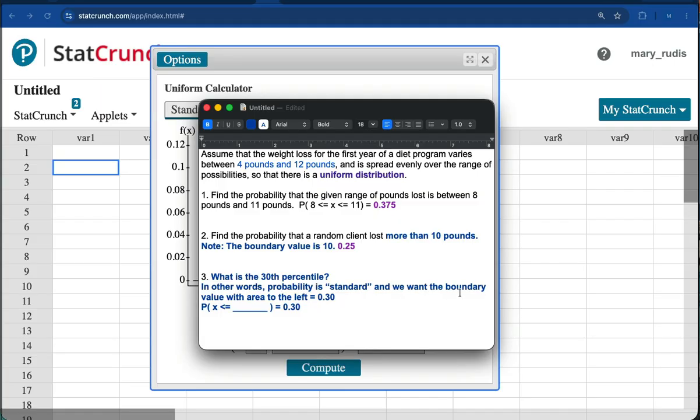And we want to know what the boundary value is where the area to the left of it is 0.30. The way we would see that in StatCrunch is what you see here. You would have your capital P, and then X is less than or equal to something. Notice that that number is missing, and the number to the right of it is going to be 0.30.